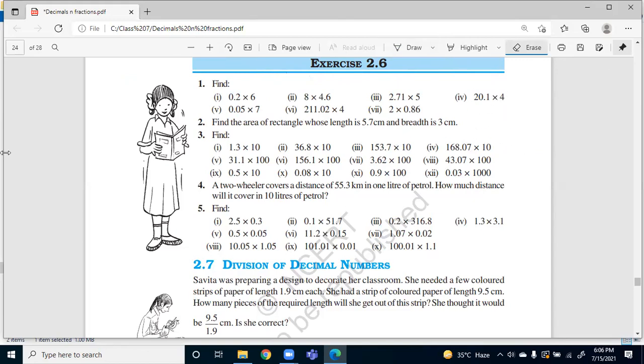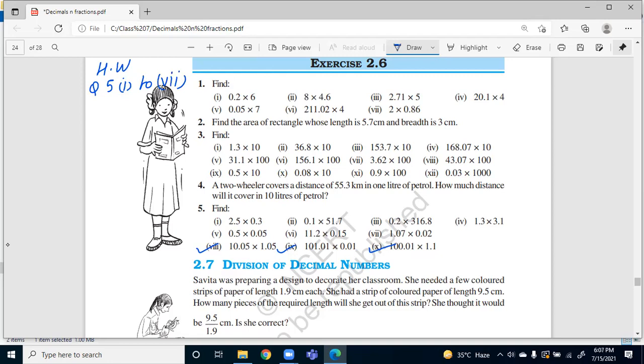There are 10 questions. We will try the last 3, 8th, 9th and 10th. So you can write the homework in your copy: question number 5, 1st to 7th. This multiplication you have to do yourself.